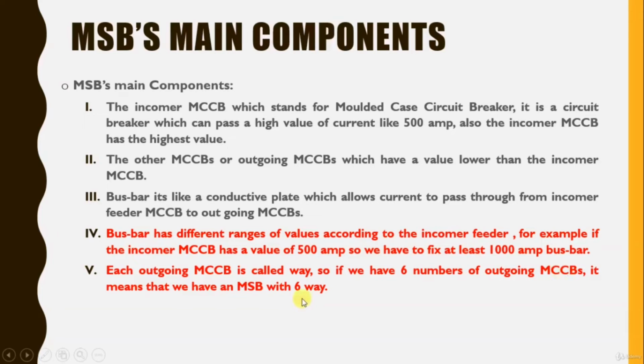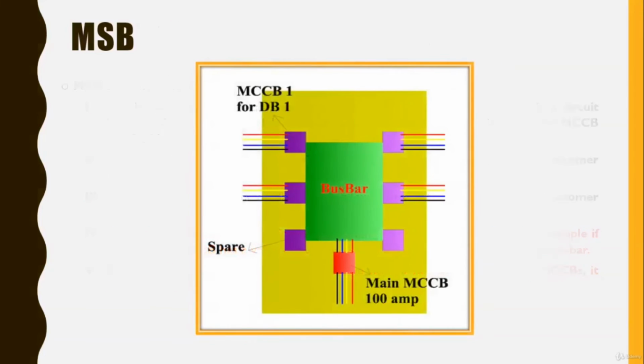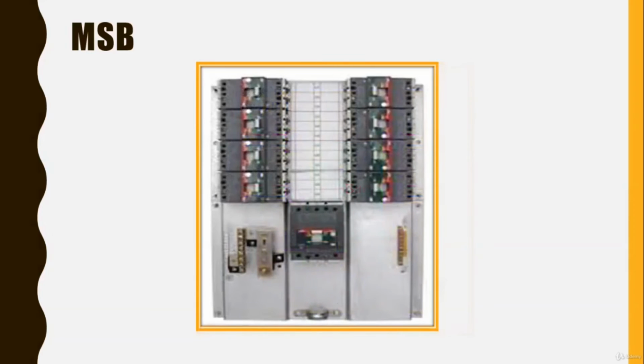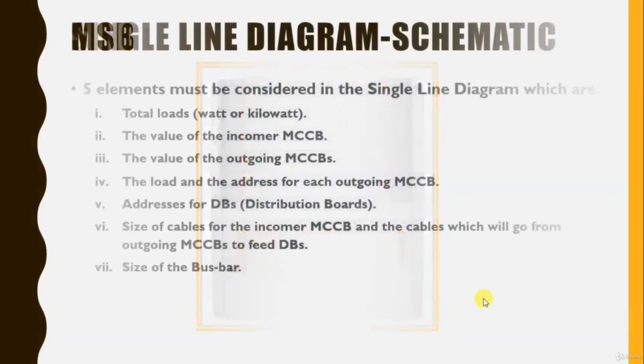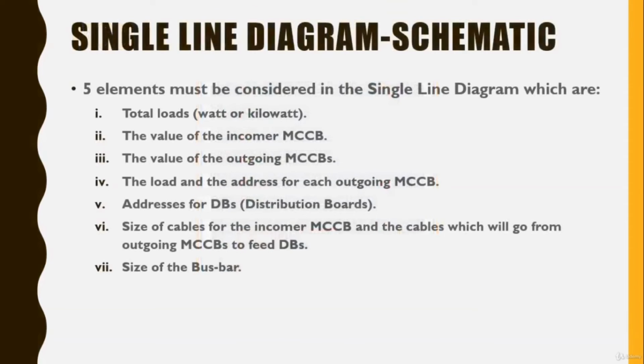If we look again at this MSB, you can see that there are 6 outgoing MCCBs, so we have 6 ways. The same concept here, but we have 8 ways: 1, 2, 3, 4, 5, 6, 7, and 8.